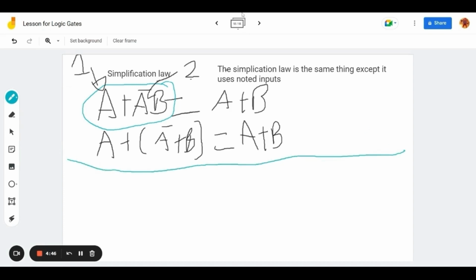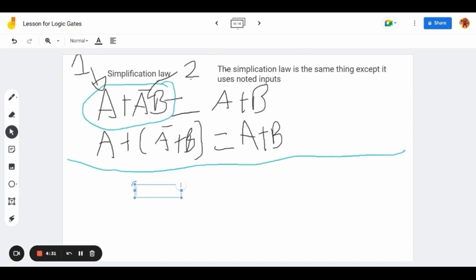The next laws we're going to be talking about are the commutative and associative laws. The commutative law is very simple. It just talks about whether you rearrange it A plus B or B plus A, it will still equal the same thing. Here's what I mean.